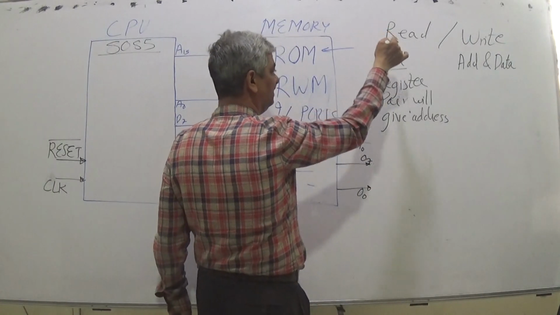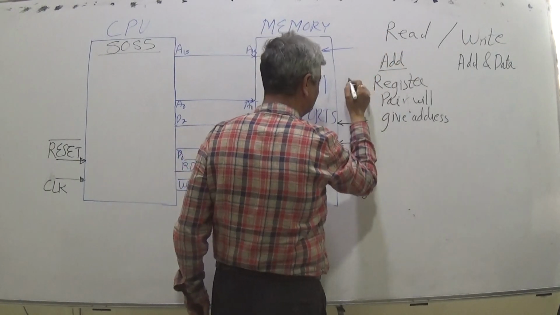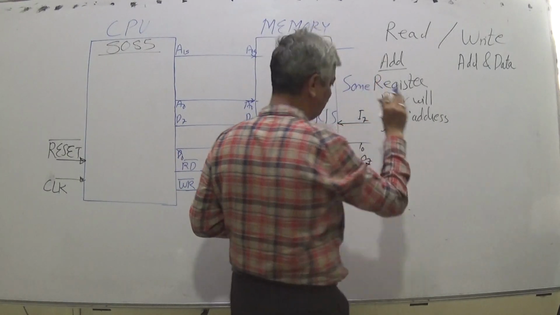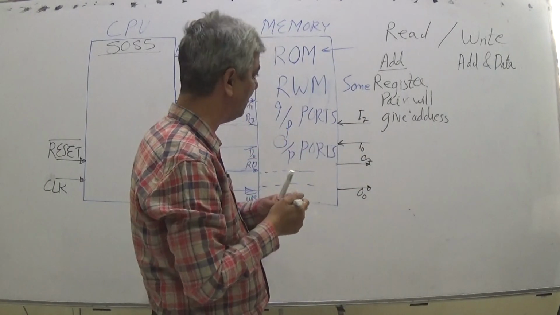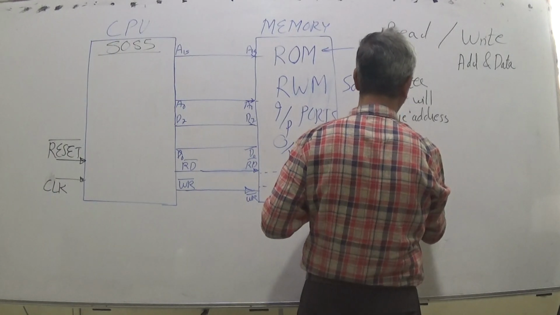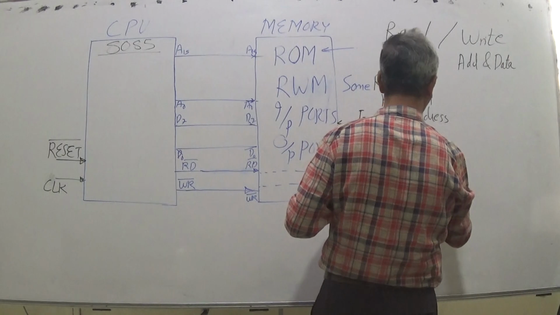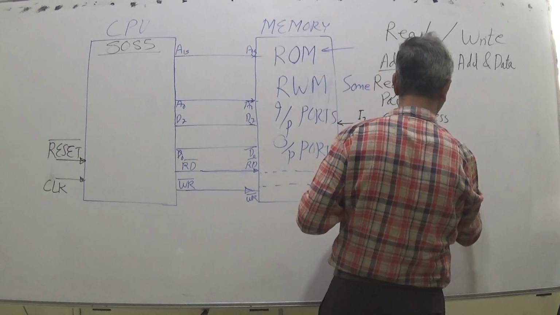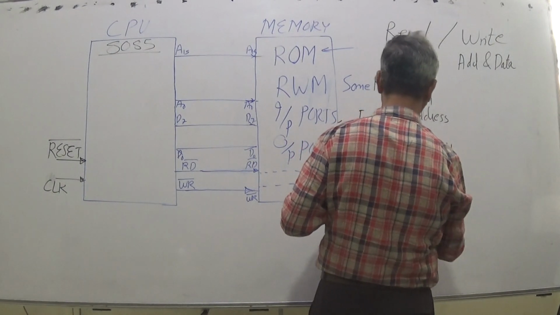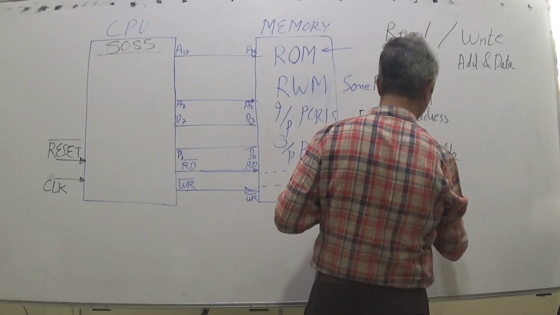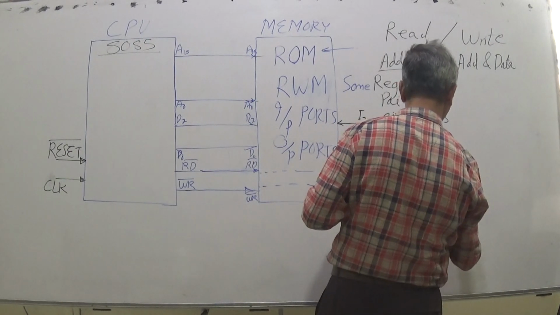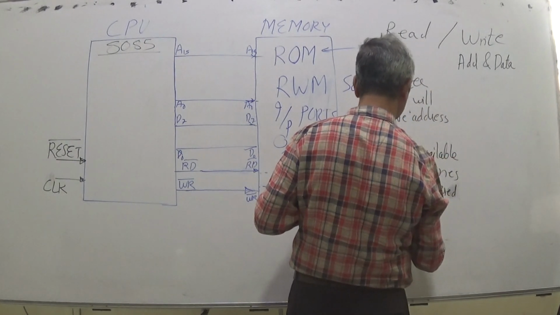In read cycle, some register pair means for every read cycle it may not be the same pair; some register pair will be sequenced properly. Some register pair will give the address and then the data is available on the data lines. The data available on the data lines will be stored in some register.